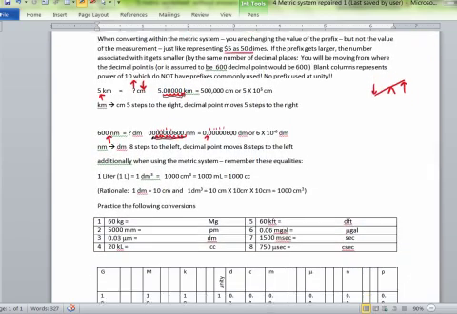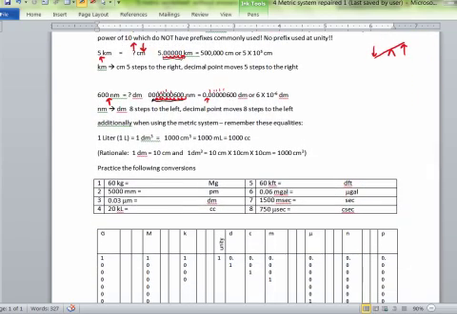When you are doing some of these problems, I like to use this shortened list. These are the prefixes you really need to be familiar with. For example, if we were going from micrometers to decimeters, I'm at micro and I need to move 1, 2, 3, 4, 5 places.